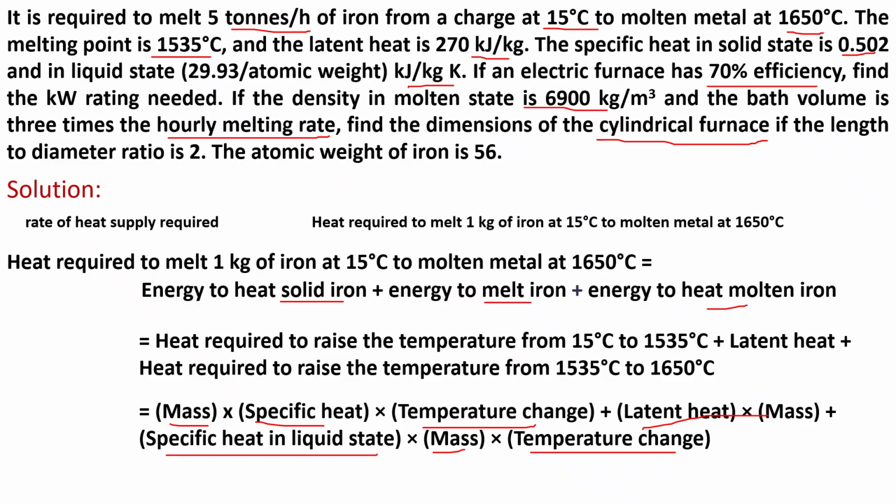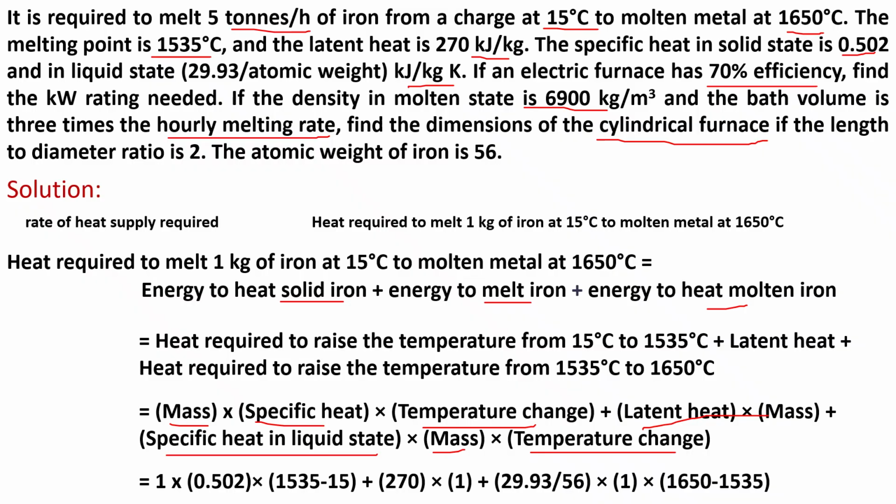This can be written as, mass is given; here we are considering the heat required to melt 1 kg of iron, so mass is 1 kg. Then 1 into specific heat for the solid state, given as 0.502, into temperature change. The charge is at 15 degrees centigrade and the melting point is 1535 degrees Celsius, so the temperature change is 1535 minus 15.